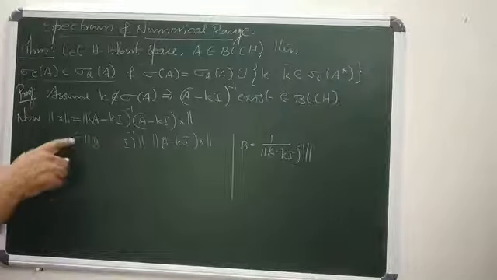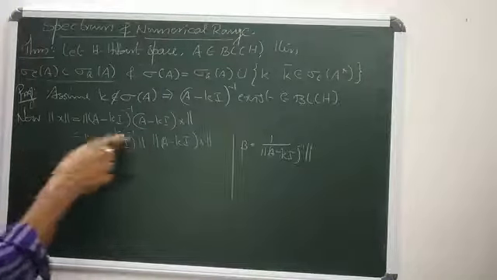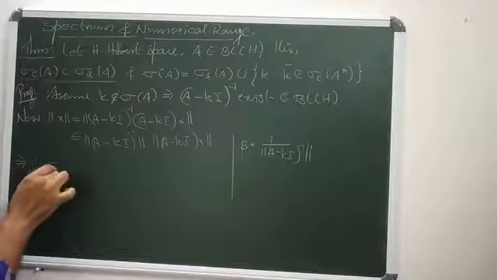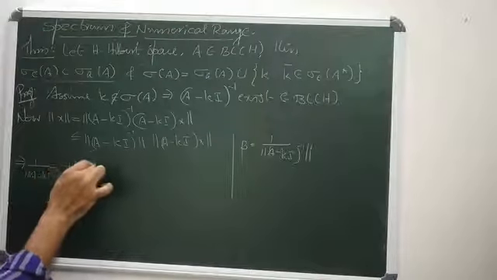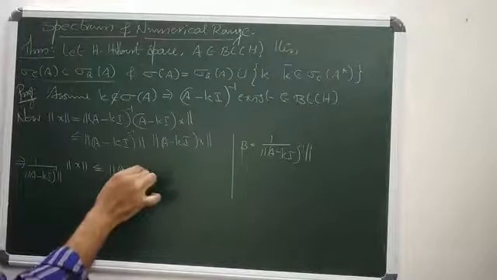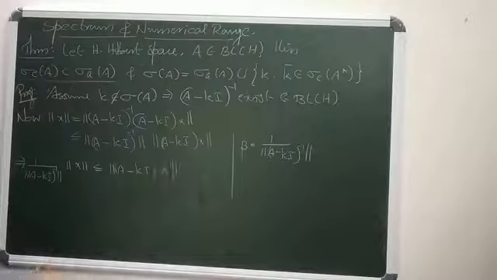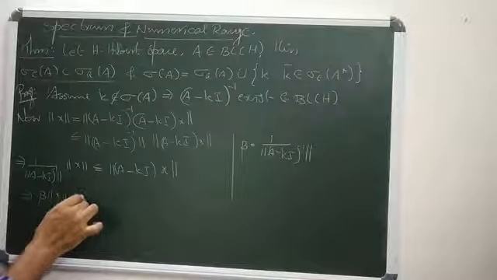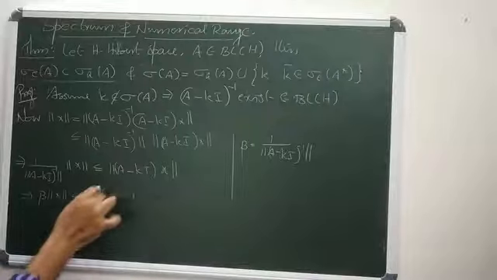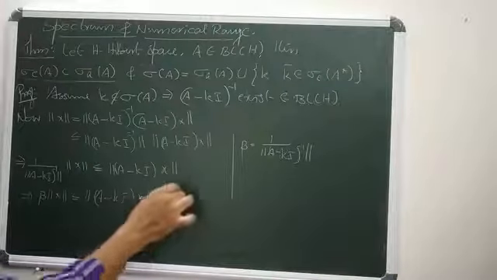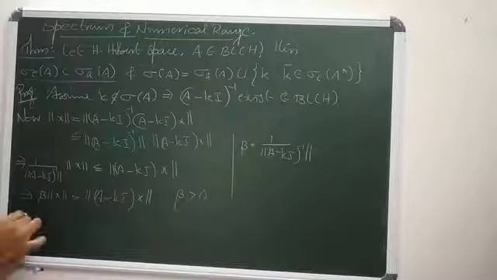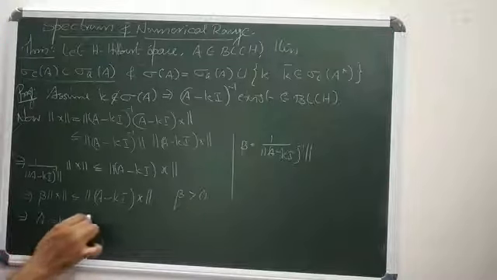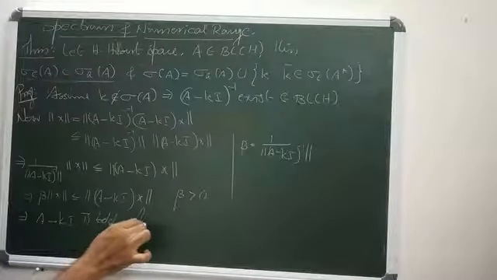So 1 by norm A minus k inverse into norm x is less than or equal to norm A minus k of x. That means beta norm x is less than or equal to norm A minus k of x for some beta greater than 0. This means A minus k is bounded below.